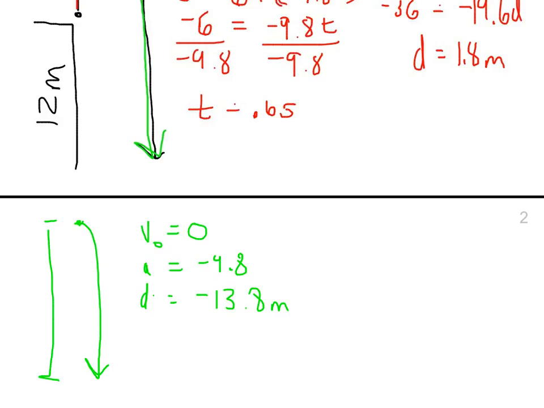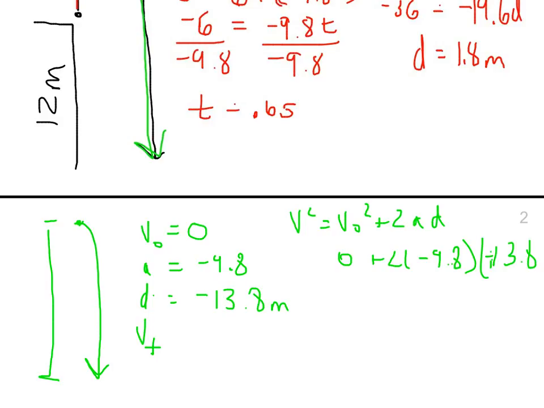It asked me for the speed that it hits the floor at and the total time that it was in the air. So I'm going to find the speed first. I know that V squared equals V naught squared plus 2AD. 0 plus 2 times negative 9.8 times D, which is 13.8.